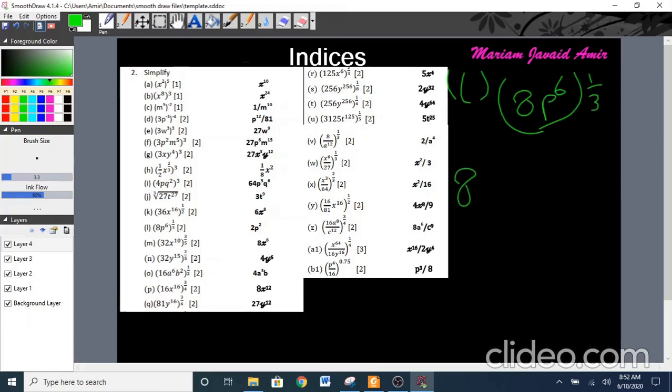So 8 power 1 times 1 by 3 is 1 by 3, p 6 times 1 by 3 is 2, and 1 by 3 means cube root of 8, which is 2, so 2p square should be the answer for part L, which it is, 2p square.